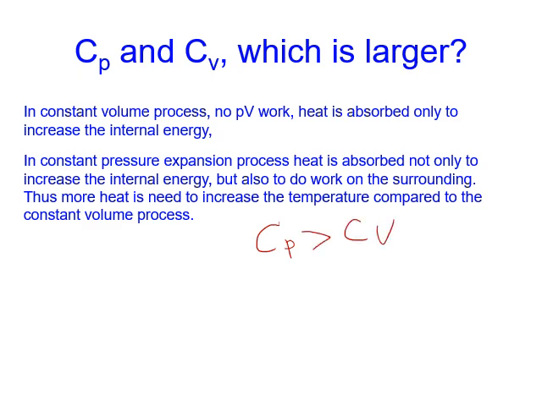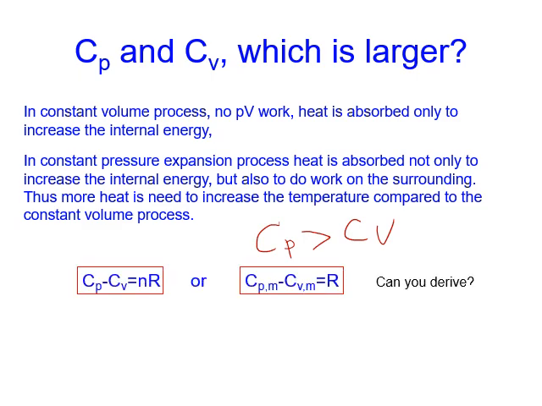But by how much? Here is the important equation. Cp minus Cv equals nR, or Cpm minus Cvm equals R. So the molar heat capacity at constant pressure is greater than the molar heat capacity at constant volume by the R constant.